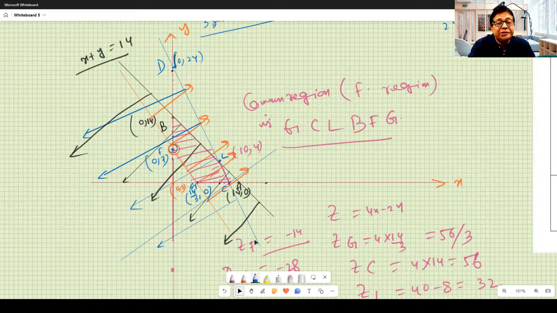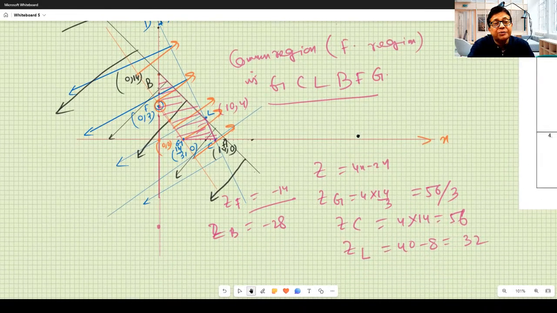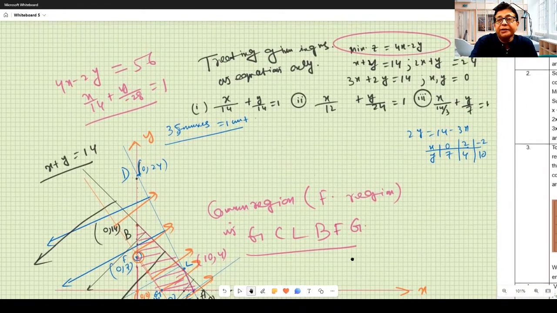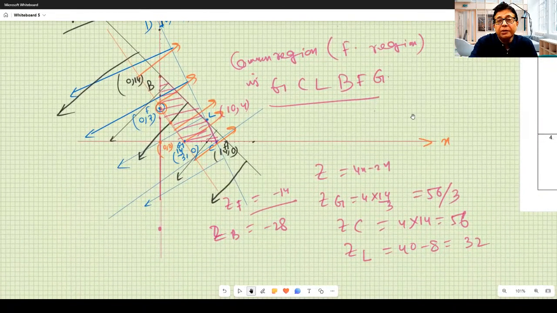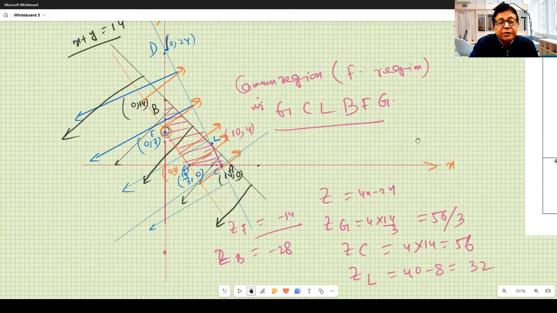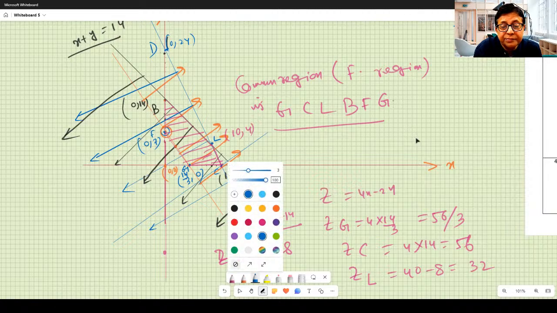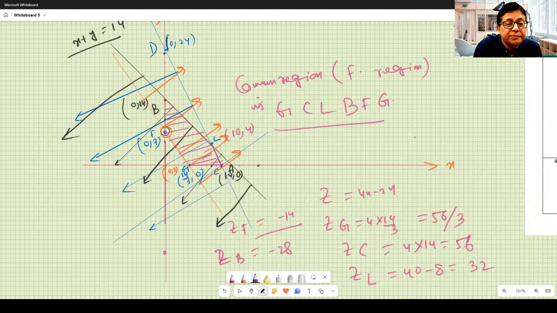The point at which you get the minimum most value, that has to be considered always. Wherever you get minimum most value, that you need to take. Okay? So let's see what happens there. Which line we are going to move? This one. Okay, take different coloring here. We are going to move this line, parallel to it.